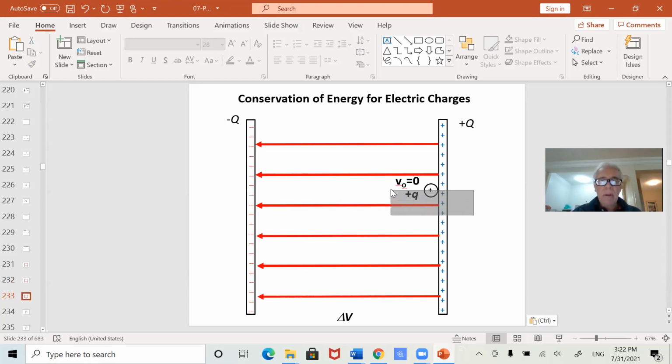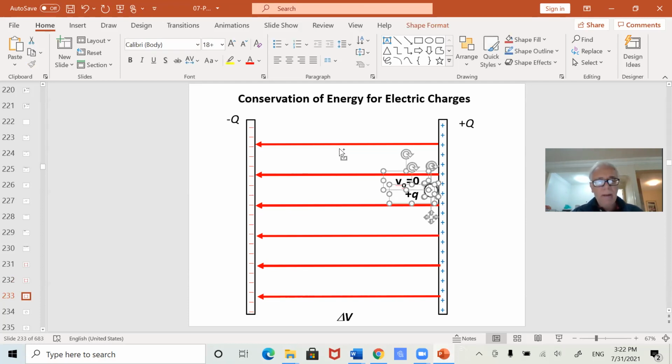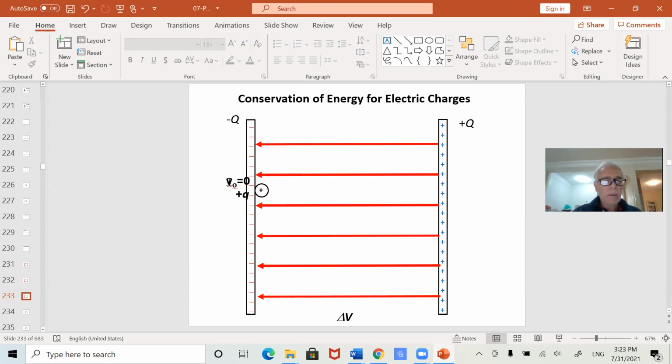So here we can illustrate the final position of the electric charge.